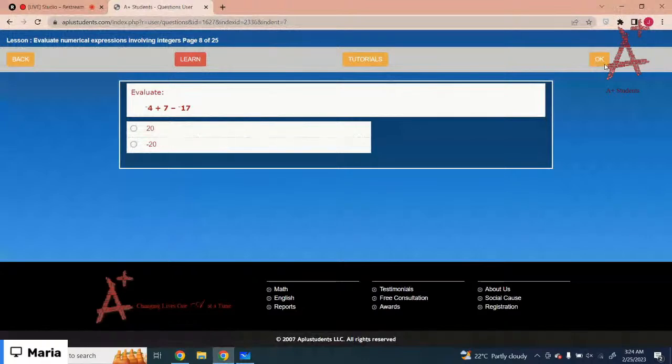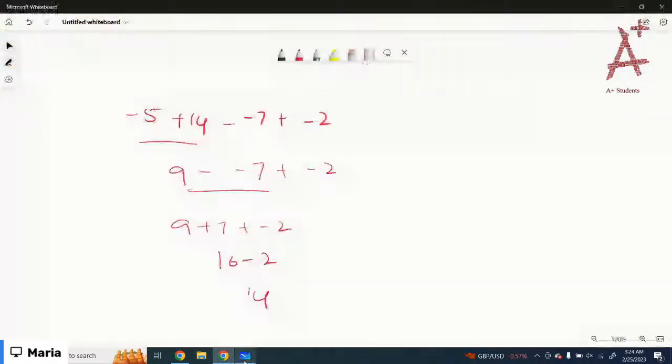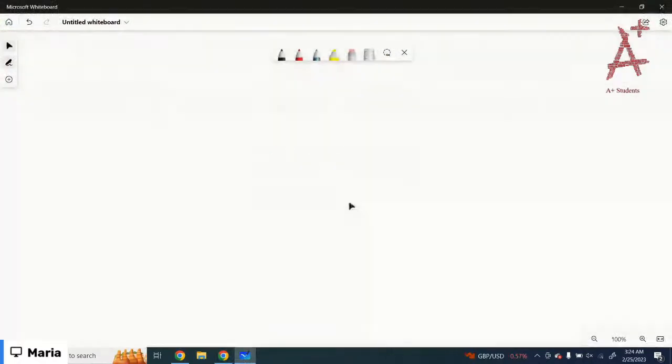Okay, the next one is negative 4 plus 7 minus negative 17. Okay, so you have to do negative 4 plus 7. Got it?